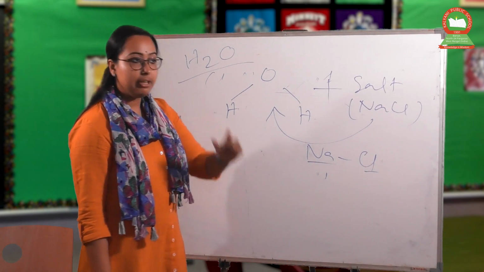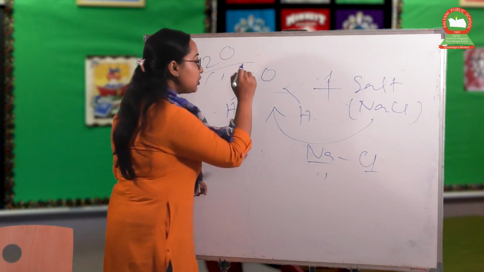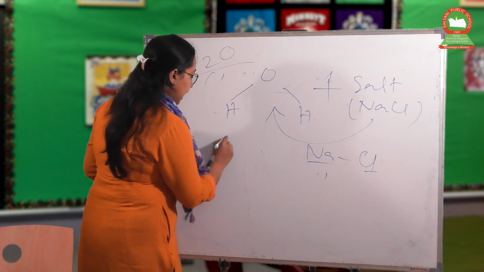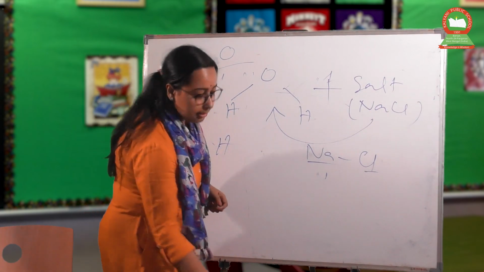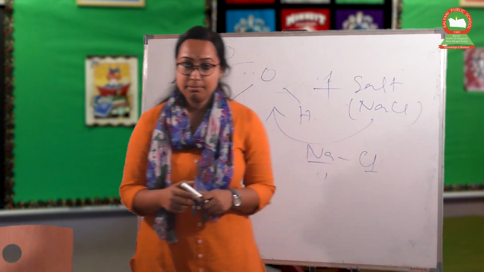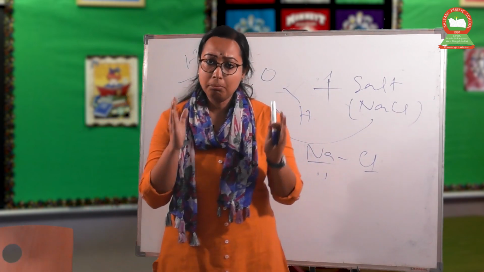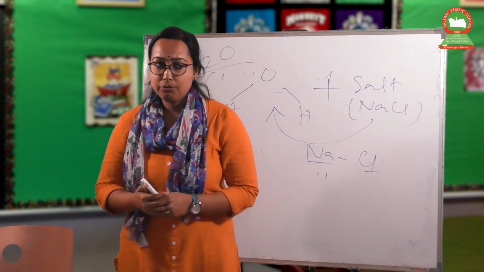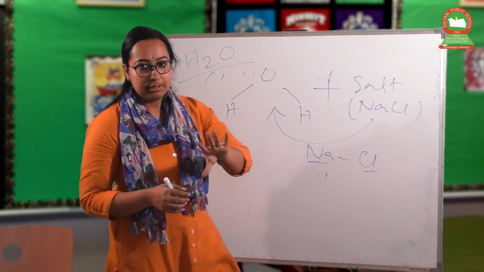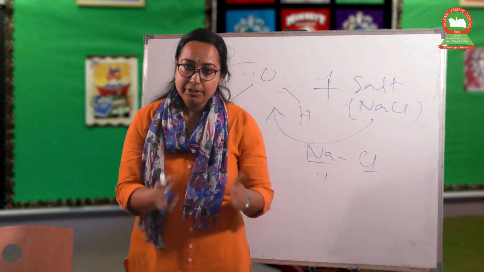This Na and Cl will enter into this water molecule and make another solution. So a new term comes, that is solution. So from this we can state that NaCl or sugar can dissolve into water.